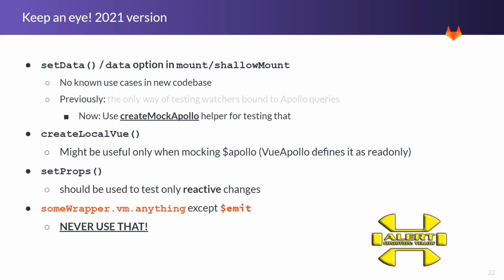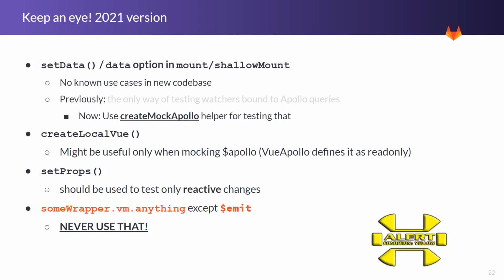And the last but not least, and I believe the most important, is that every time you're writing .vm.something, it is bad. It is ultimately bad, and the only valid thing you could call on .vm is $emit, when you are stubbing components, or you just find a component and you want to emit a specific event.